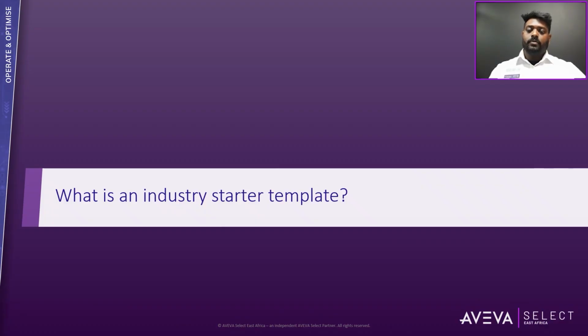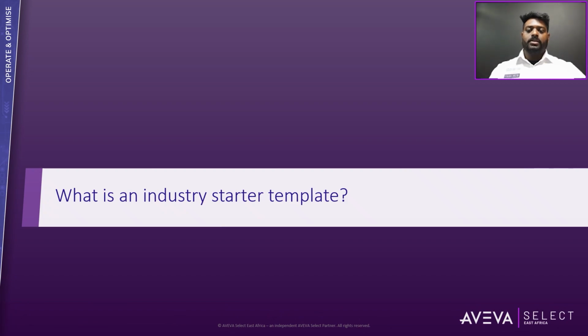Industry templates for AVEVA Unified Operations Centre are pre-assembled jumpstart applications that include out-of-the-box design, templates, objects, scripting, graphics, and connectors applicable to the designated industry. The templates provide initial pre-built content for common functionality that can accelerate the creation of an AVEVA Unified Operations Centre project.